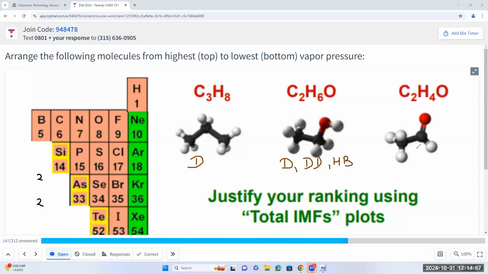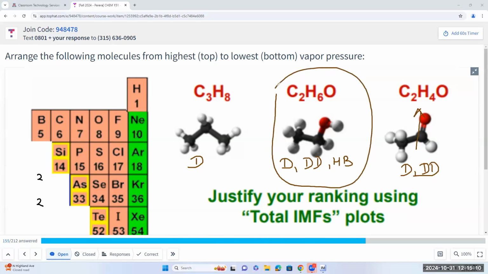On the other hand, C2H4O is a polar molecule, but it doesn't have hydrogen bonding capability, therefore it should only have dispersion and dipole-dipole. Because C2H6O has all three, it will have the strongest intermolecular forces, meaning lowest vapor pressure. Because C3H8 has only dispersion forces, it will have the weakest intermolecular forces overall, therefore highest vapor pressure.